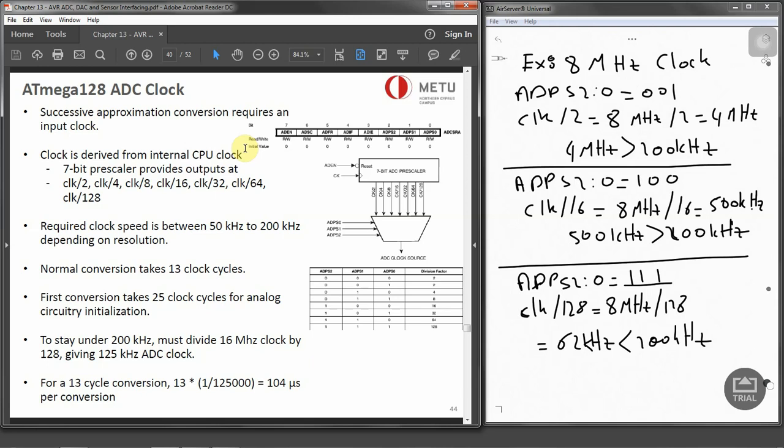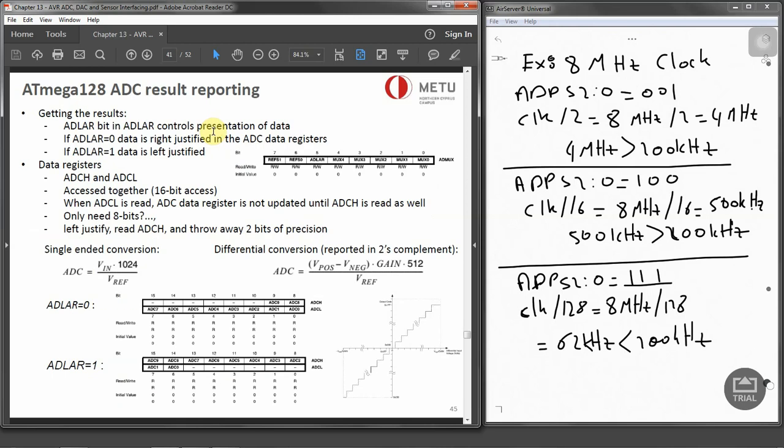So I hope these are all clear, because they are really important and we need to understand this to configure the AVR when we want to program it. And as we already said about the ADLAR bit, we can choose either left justified or right justified for the data coming in, as we have got 10-bit data.